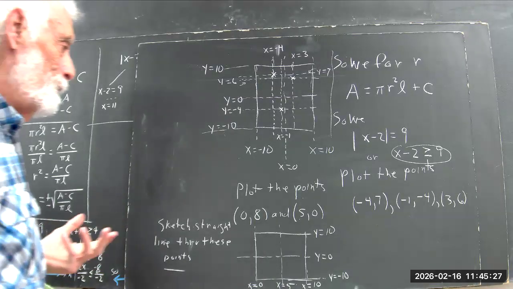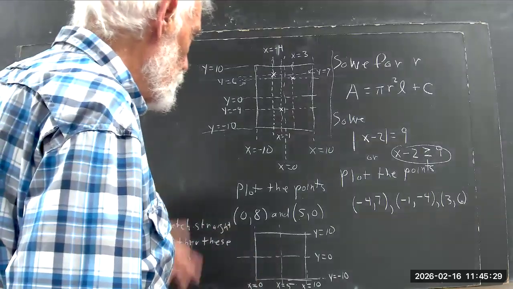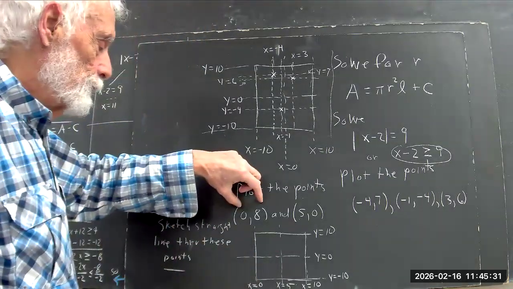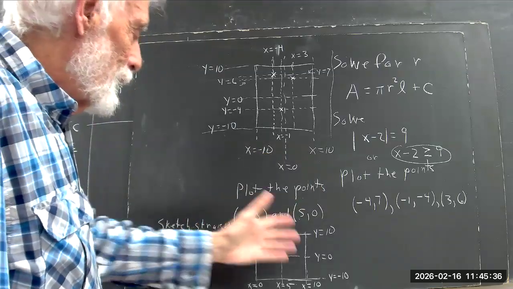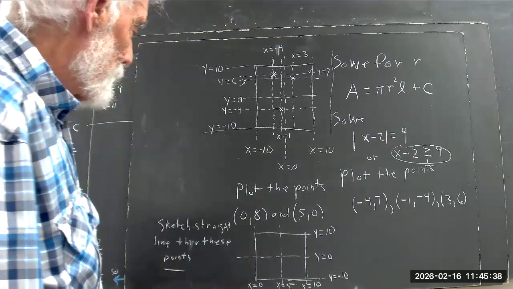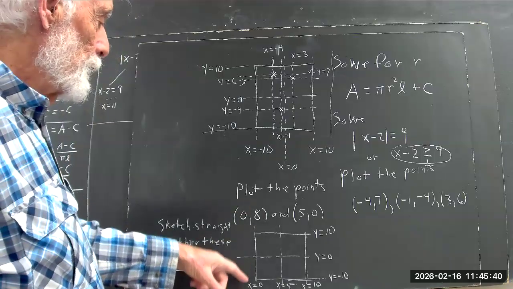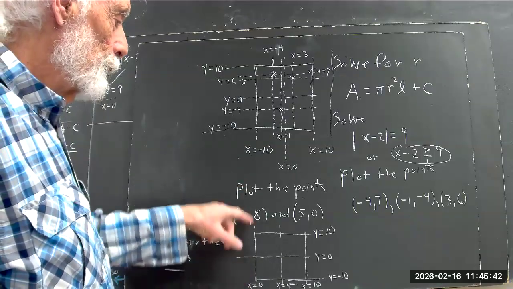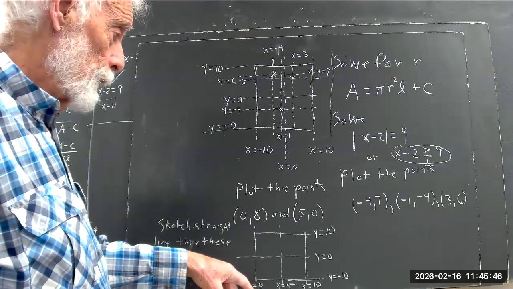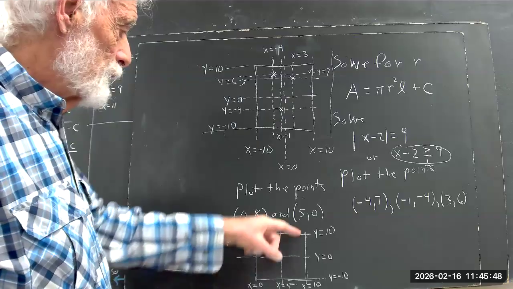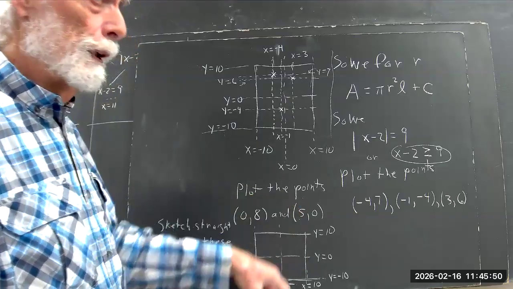Okay. And everybody got the last problem. Now here I want you to plot the points (0, 8) and (5, 0). I've drawn a grid. The grid starts at x equals 0. I have the vertical line x equals 0. That's going to correspond to the left edge of my rectangle. And I just put x equals 10 at the right edge.